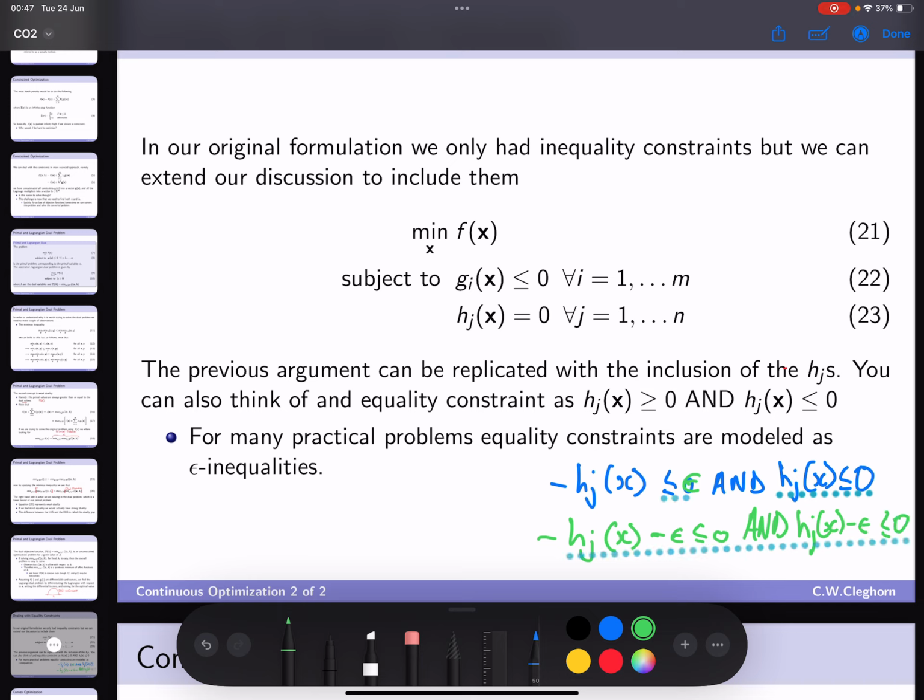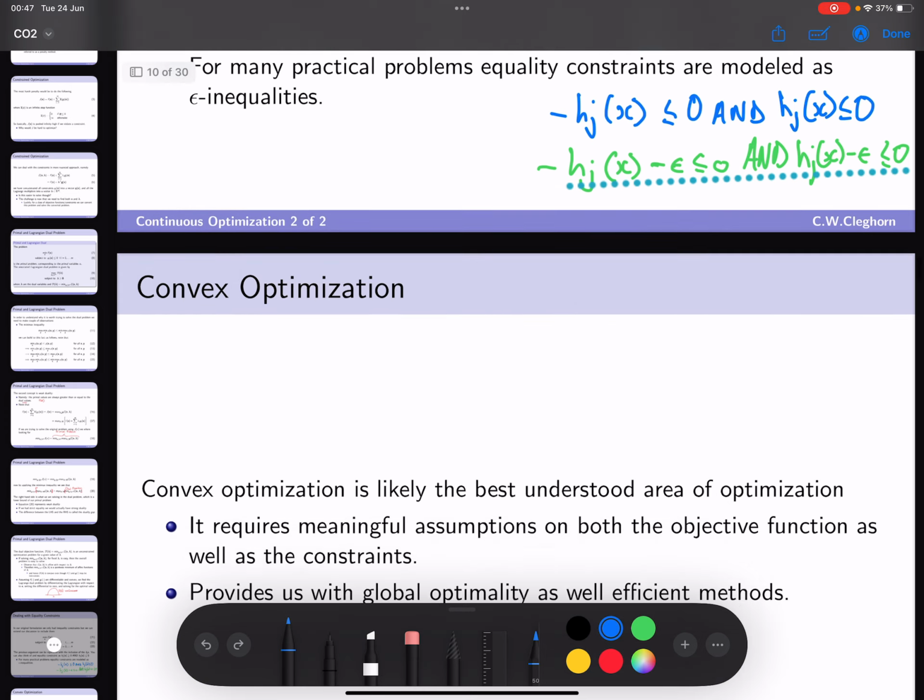Okay, and again, that's a slightly weaker form of these constraints, but sometimes it gives a little bit of slack on how dogmatic or specific we need to be about our constraints. But anyway, we won't necessarily look at that too much now.